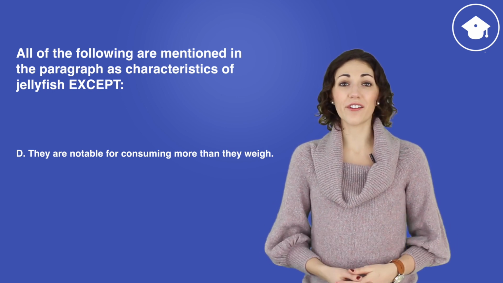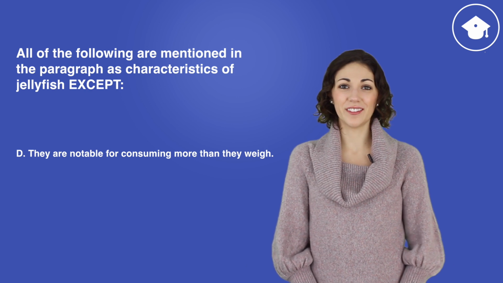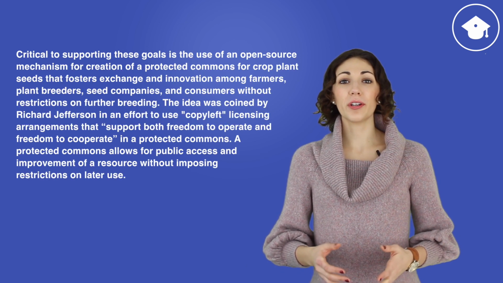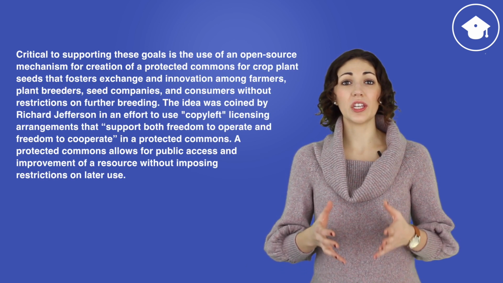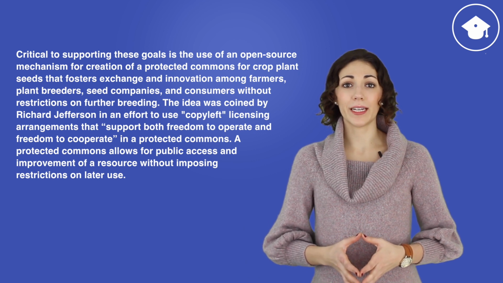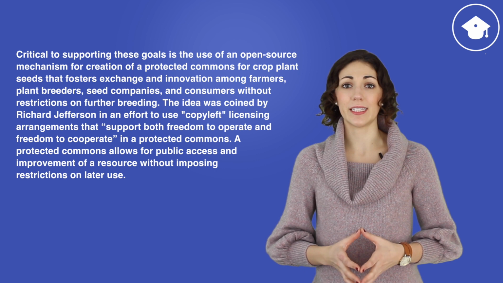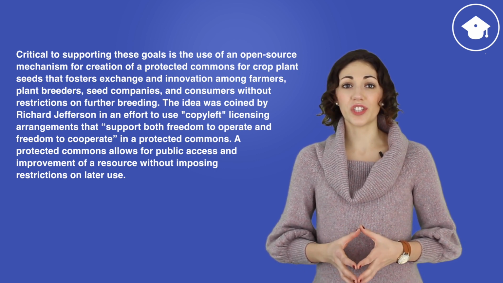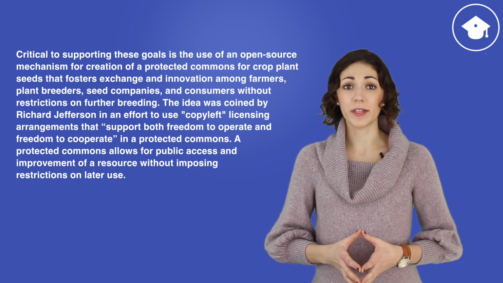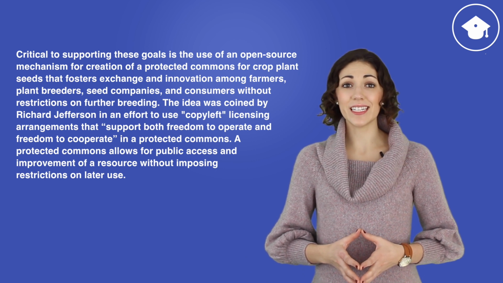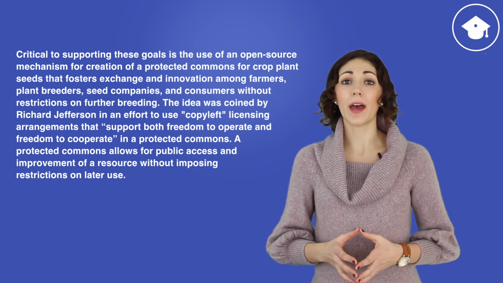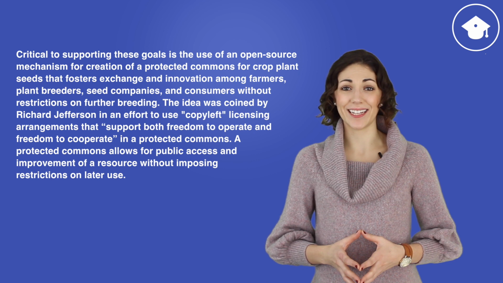Now, try this yourself. Here's a sample paragraph. Critical to supporting these goals is the use of an open source mechanism for creation of a protected commons for crop plant seeds that fosters exchange and innovation among farmers, plant breeders, seed companies, and consumers without restrictions on further breeding.